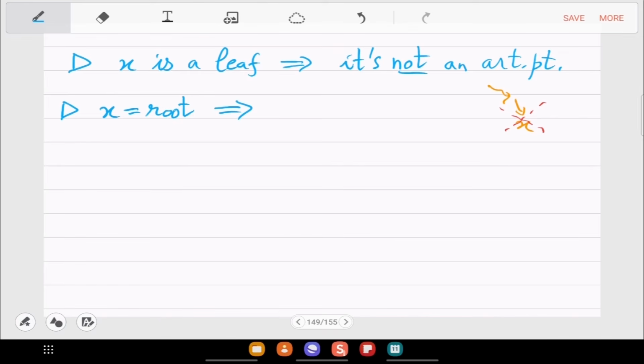And if there is no Y prime, if there is only one child Y, then what? Then it doesn't matter, right? Then the same thing as the leaf case. You can delete X all you want, but it doesn't change the connectedness of the tree. So X root means that it's an articulation point if and only if X has greater than or equal to 2 children.